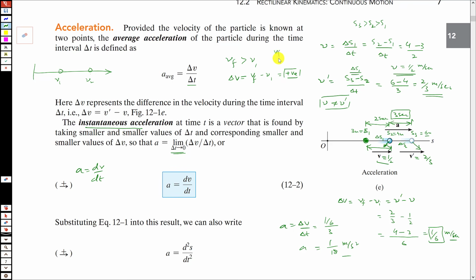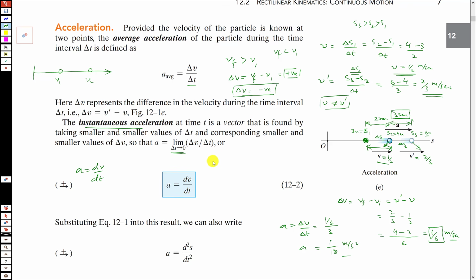If the final velocity is less than the initial velocity, the change in velocity will be negative, this difference will be negative, and in that case the particle will be decelerating. Eventually, if the velocity is decreasing, the particle will stop somewhere after some time interval.